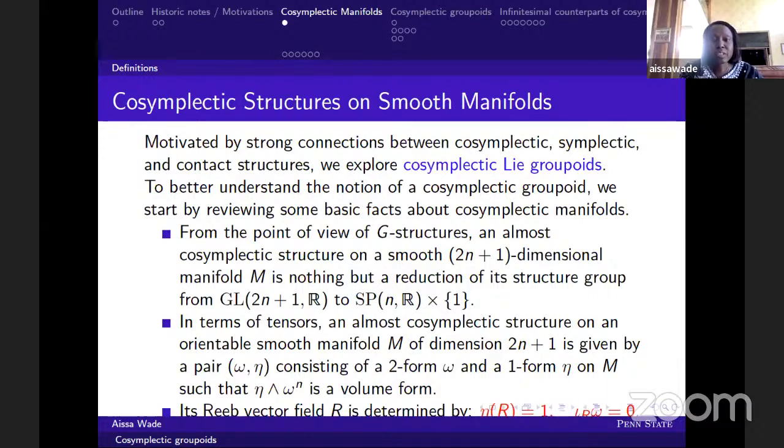Now, from the viewpoint of G-structures, what we call an almost cosymplectic structure on an odd dimensional manifold. So the dimension here is 2n plus 1. This is nothing but the reduction of the structure group from GL(2n+1) to the symplectic group Sp(n, R).